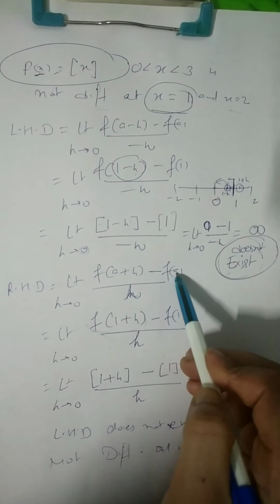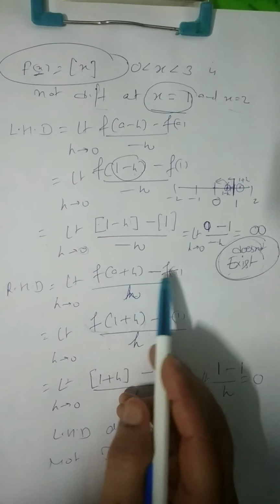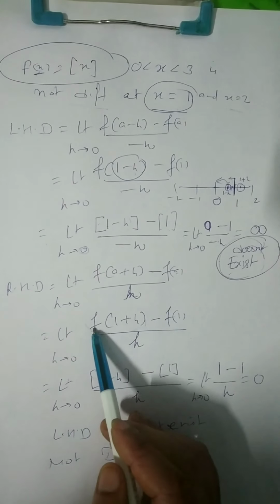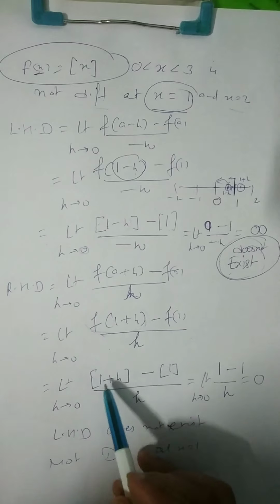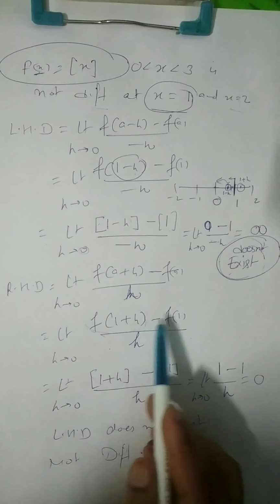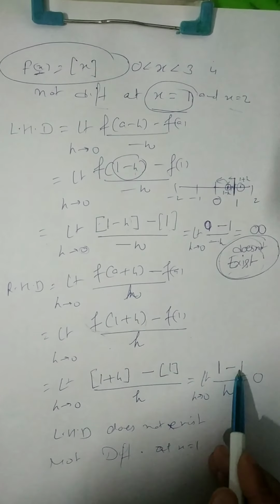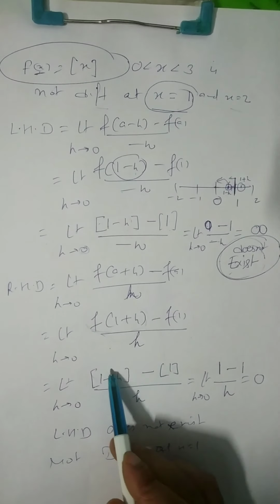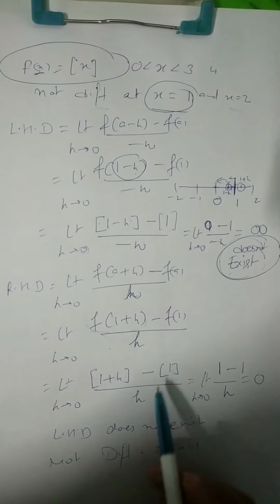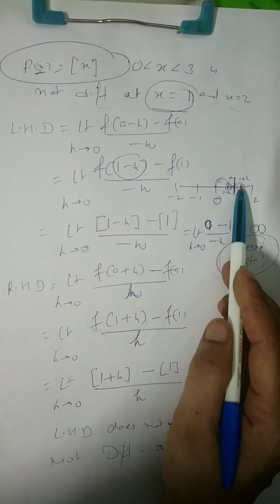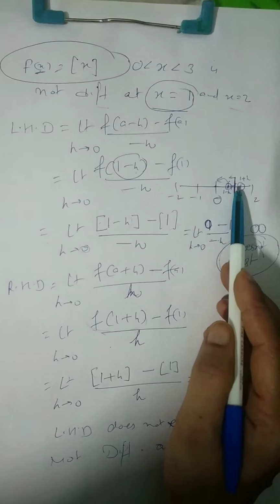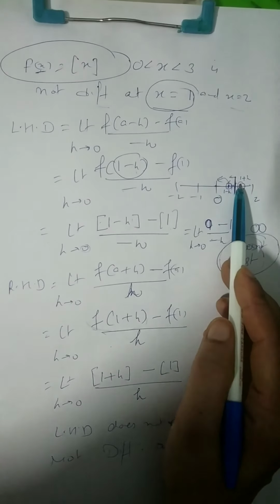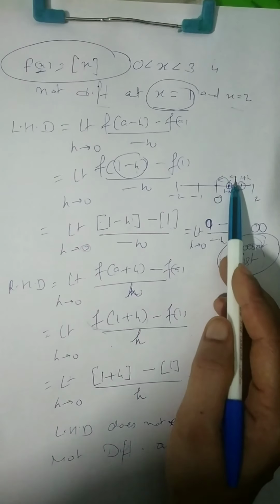Now a is 1, so we replace a by 1, and the function gives [1 + h] and [1]. [1] is 1, and [1 + h] means the integer just before 1 + h. When we add a very small number h to 1, it will be just greater than 1, and the integer just before it is 1.